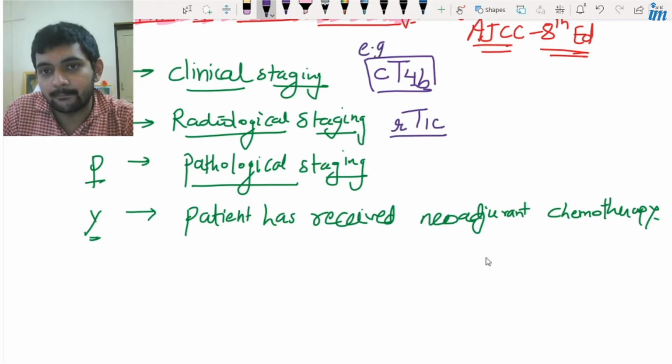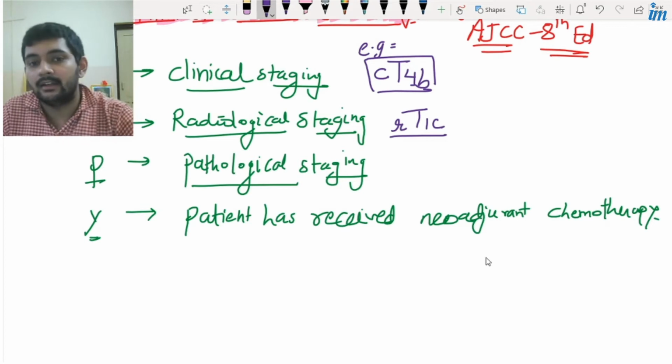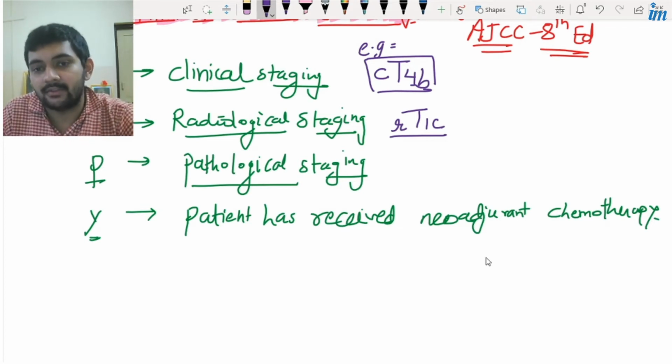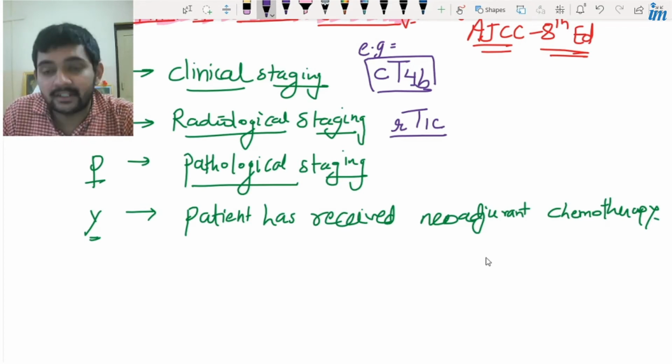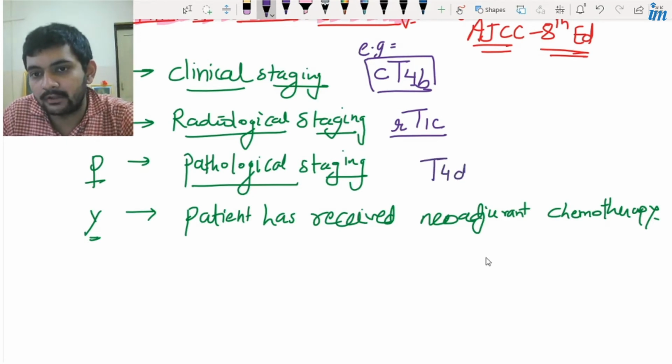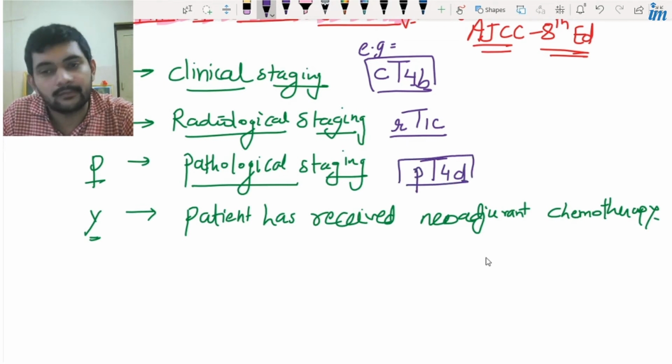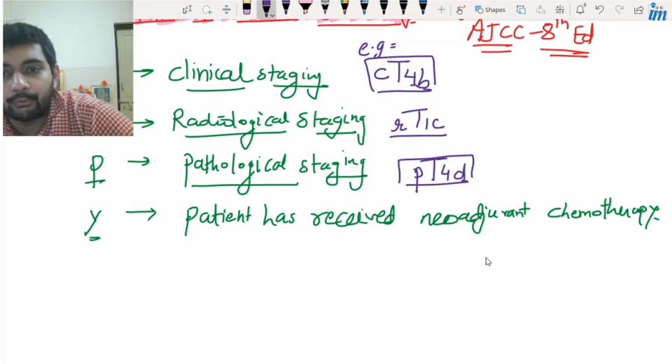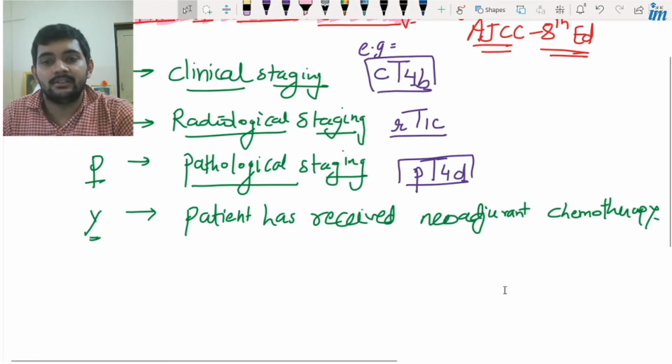These are the examples that I am giving you. If you have done a pathological investigation and it comes out to be an inflammatory cancer, that will be T4D, then it will be staged as PT4D. Understood? This is how a staging is written.